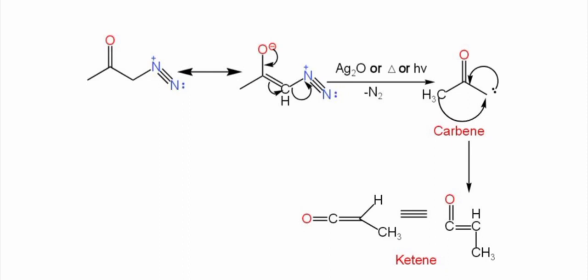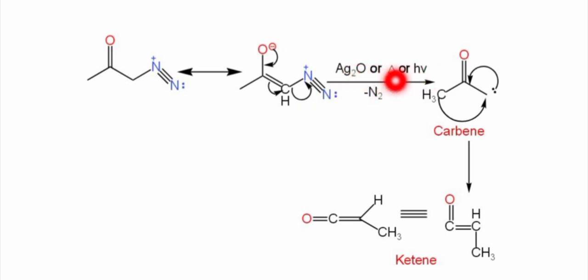Okay, here you can see I have taken alpha diazoketone. I have just written its resonance form, resonating structure, nothing else. And this structure is treated with any one of these.